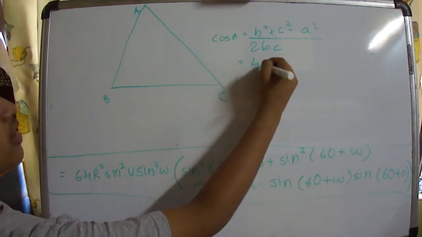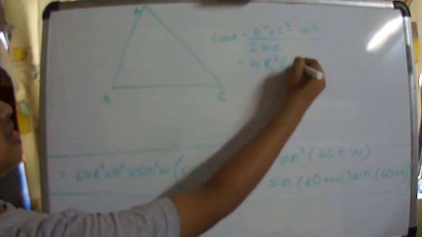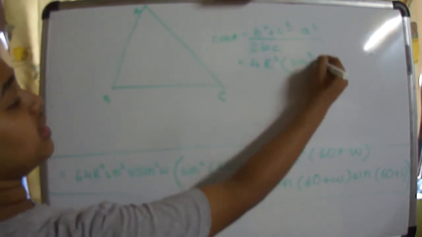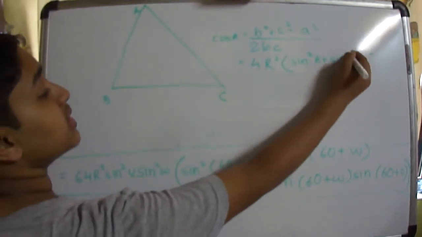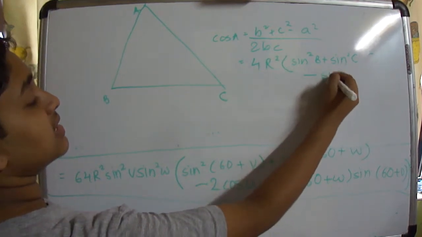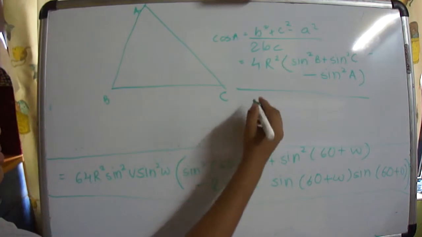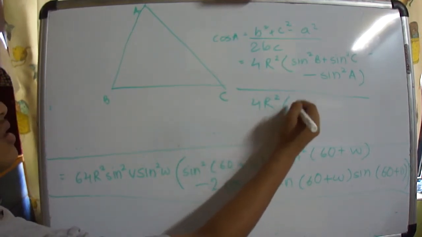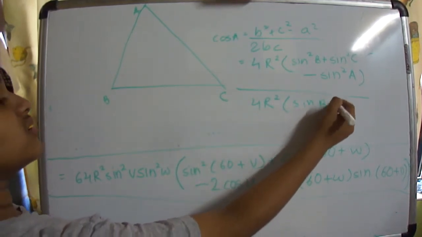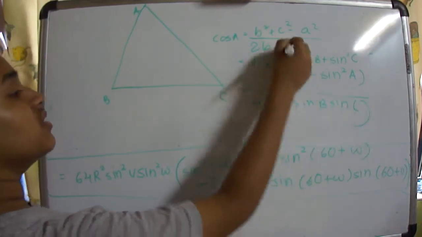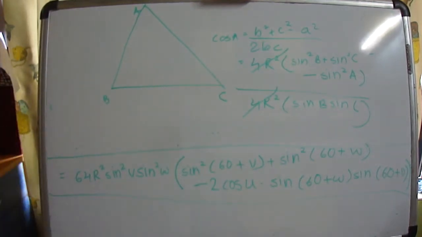So what do we get? 4R square sin square B plus sin square C minus sin square A by 2R into 2R again, 4R square sin B sin C. Cancel, cancel. So we have cos A equal to sin square B plus sin square C minus sin square A by 2 sin B sin C.